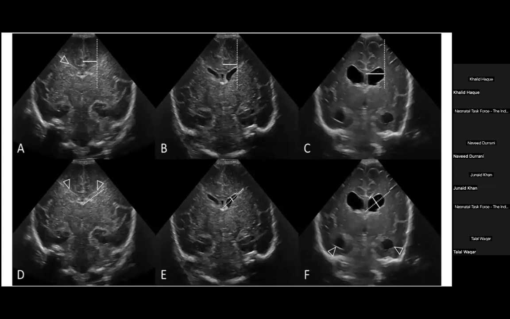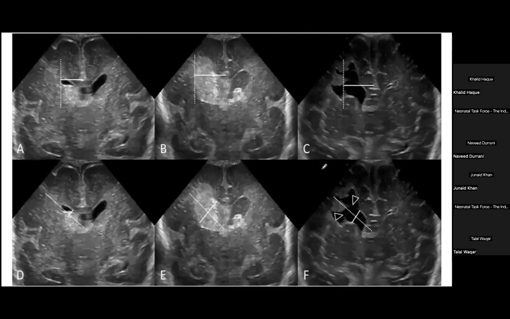And below, if the ventricles are dilated, you can appreciate here, draw the imaginary line through this, and then measure the anterior horn width in this plane. This was to show you further how difficult it sometimes is when there is a huge hemorrhage, because you cannot appreciate the lateral boundary when measuring the ventricular index.